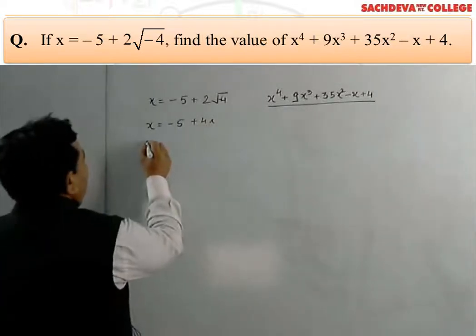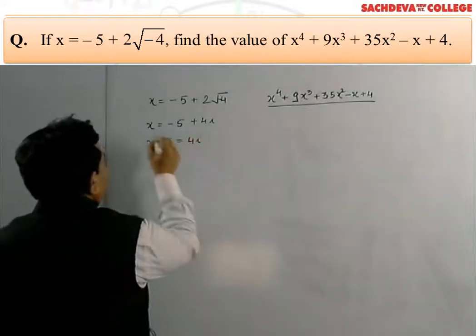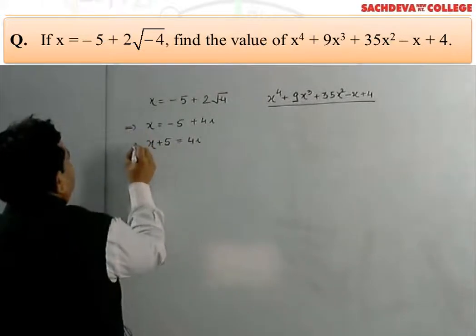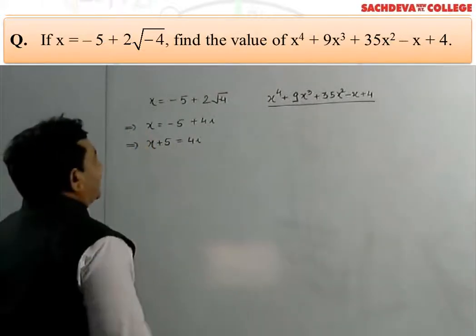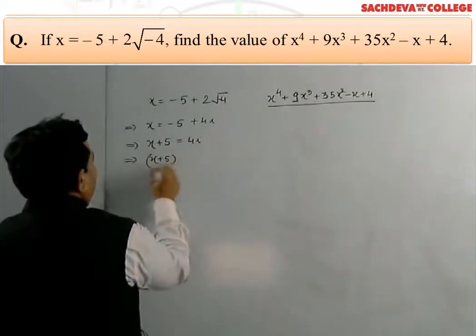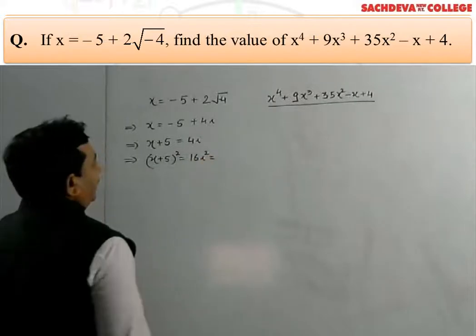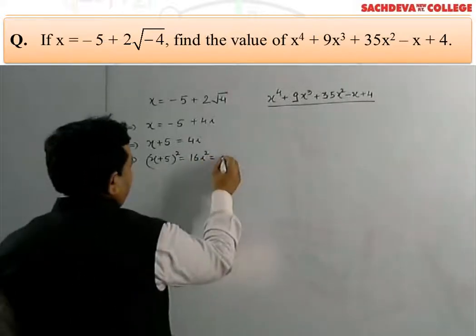It means x + 5 = 4i. On squaring both sides, we find (x + 5)² = 16i², and we know that i² is −1, so this will be −16.